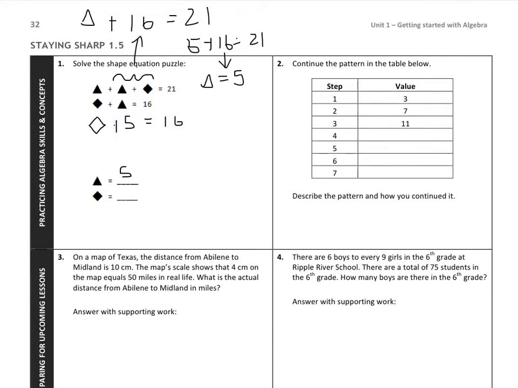So I need to think of what I can add to 5 to make 16, and to my mind that means that this has to be 11, so the diamond is 11. And so I'm just going to double check to make sure I'm right. So I do 5 plus 5 plus 11, and that does give me 21, so it checks out with the first one as well. So it seems like we're in good shape.